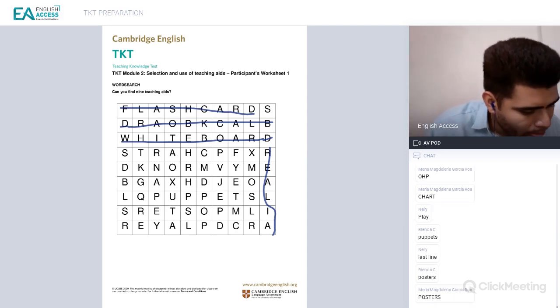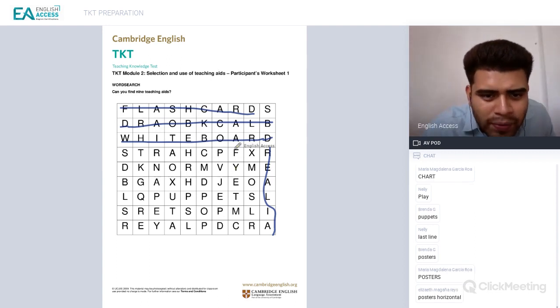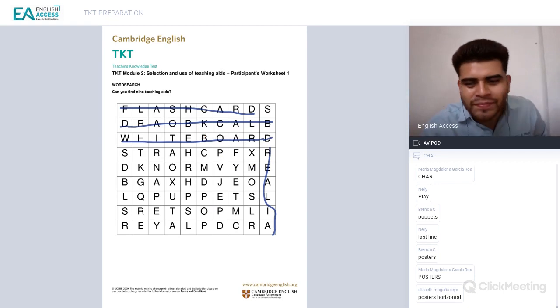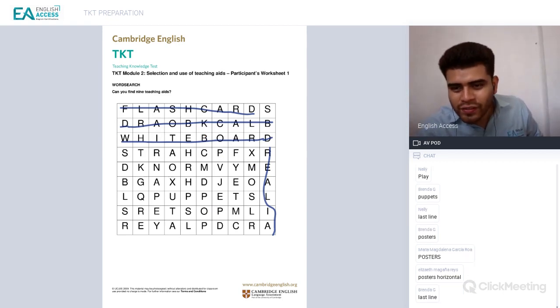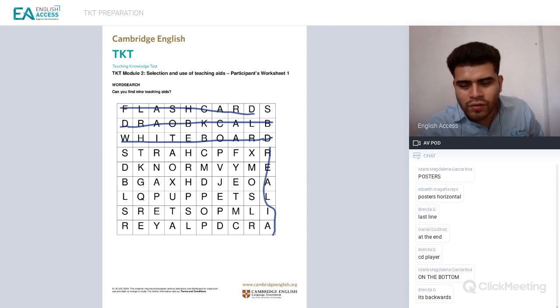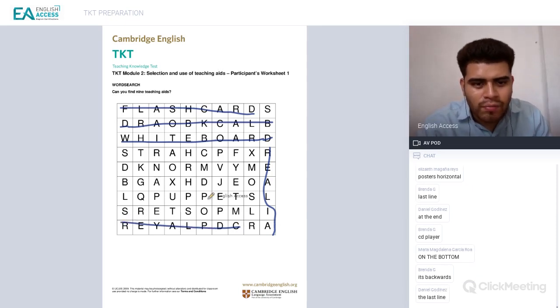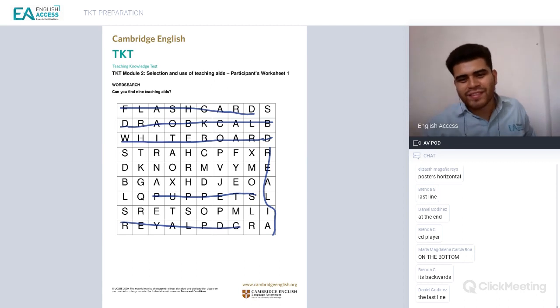OHP. CD player. Where do you see CD player? CD player. Puppets. Oh my gosh, puppets.